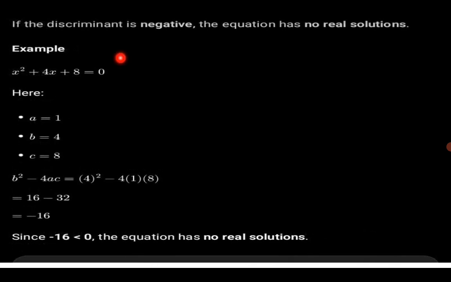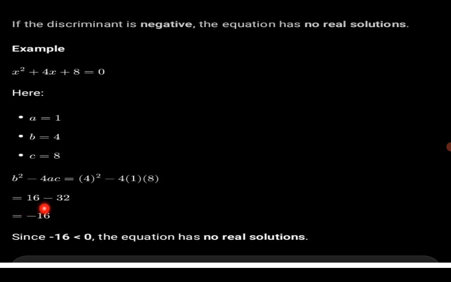Case number three: if the discriminant is negative, the equation has no real solutions. Why? Because you cannot find the square root of a negative number. For example, this one here, x squared plus 4x plus 8 equals 0. A is 1, b is 4, and c is 8. Substituting into this will give us 16 over here, and this is minus 32. 16 minus 32 will give you minus 16.